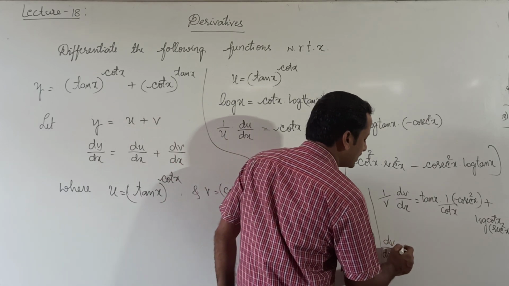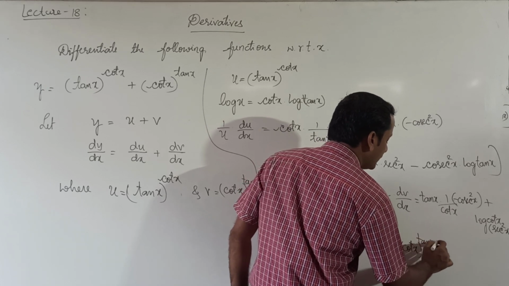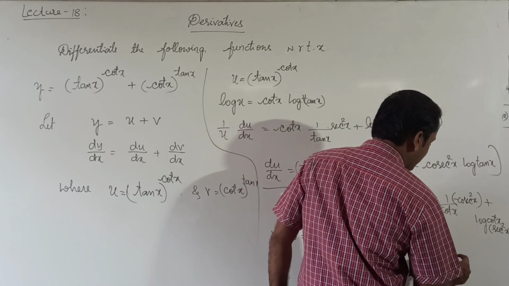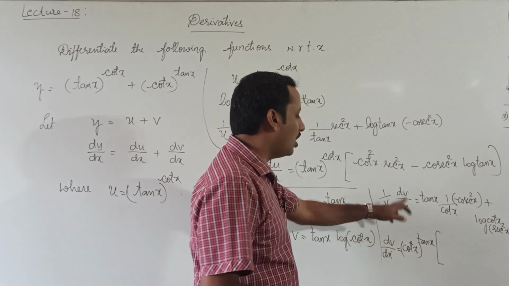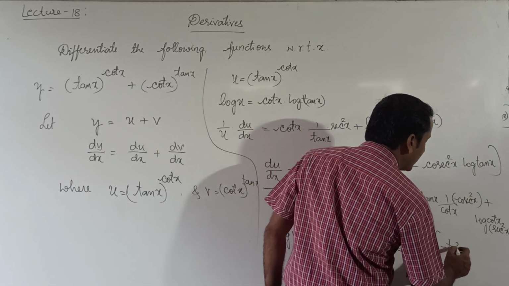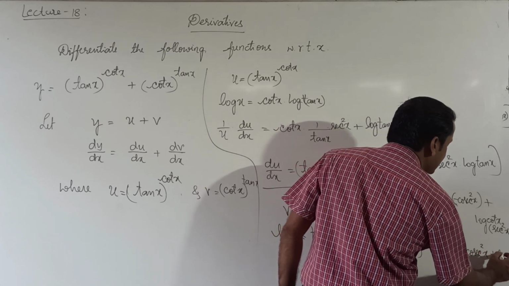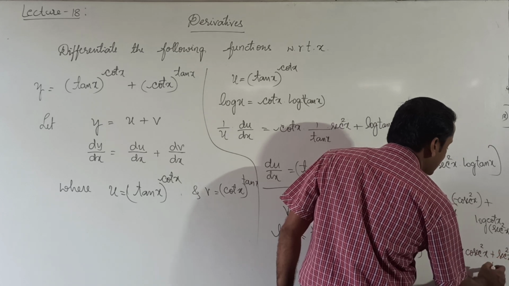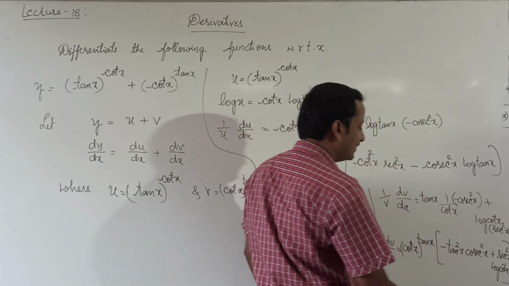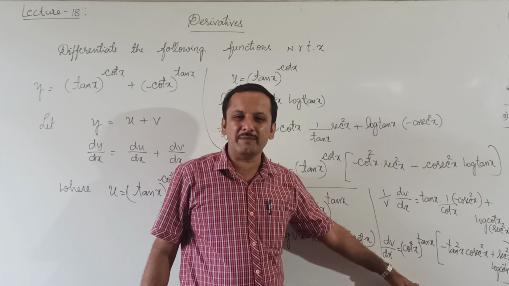Cot x to the power tan x into this factor. This cot x I am taking to the numerator, it becomes tan x, already tan x is there, it will be tan square x. So minus tan square x into cosecant square x plus secant square x into log cot x. Okay, this is dv by dx.